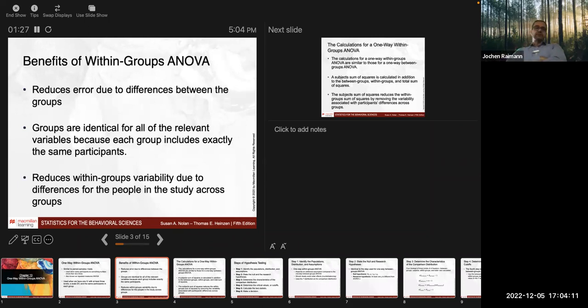Groups are identical for all of the relevant variables because each group includes exactly the same participants. So you essentially get a pure estimate of these group differences. You're removing that from the total variability, and your effect size will automatically be larger. Whatever difference you see will really reflect the difference due to group differences, and you take some of that random variability out of the equation.